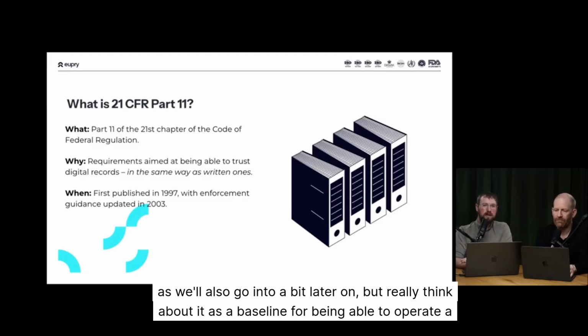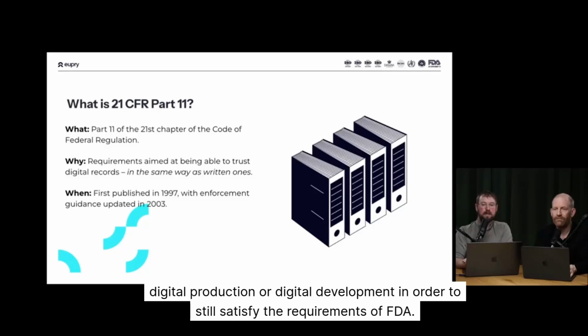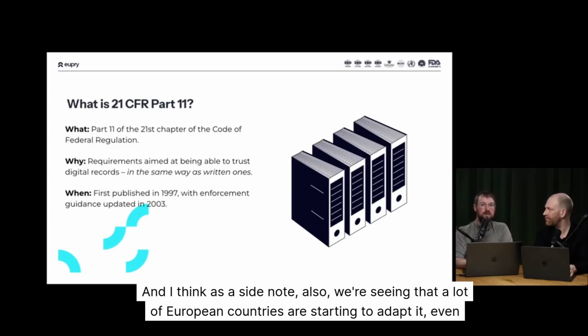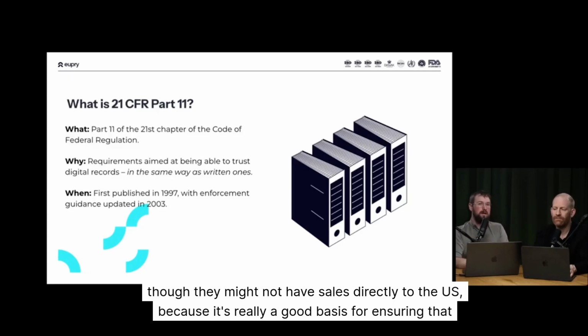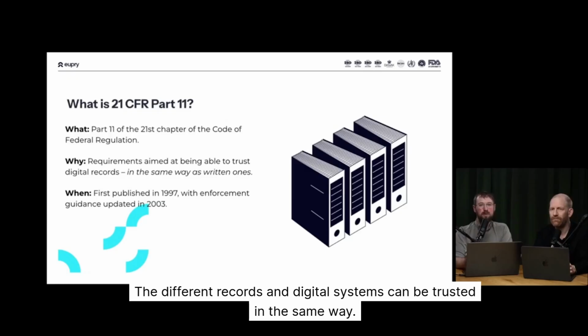Think about it as a baseline for being able to operate digital production or digital development while still satisfying the requirements of the FDA. As a side note, we're seeing that a lot of European countries are starting to adopt it, even though they might not have sales directly to the US, because it's a good basis for ensuring that the different records and digital systems can be trusted in the same way.